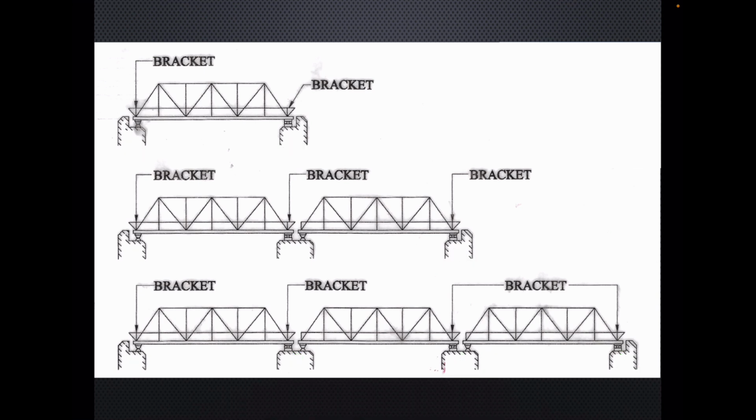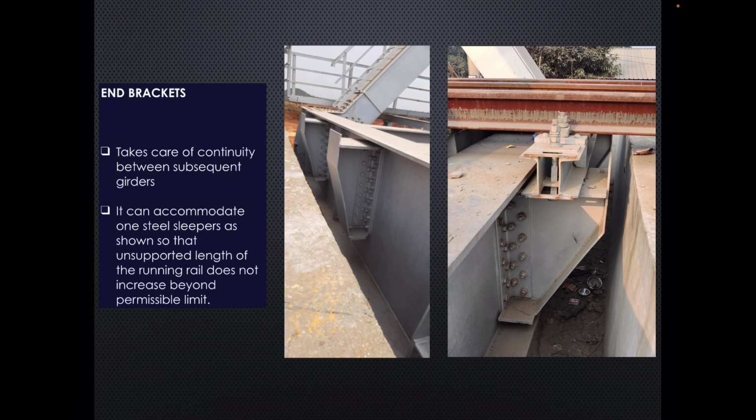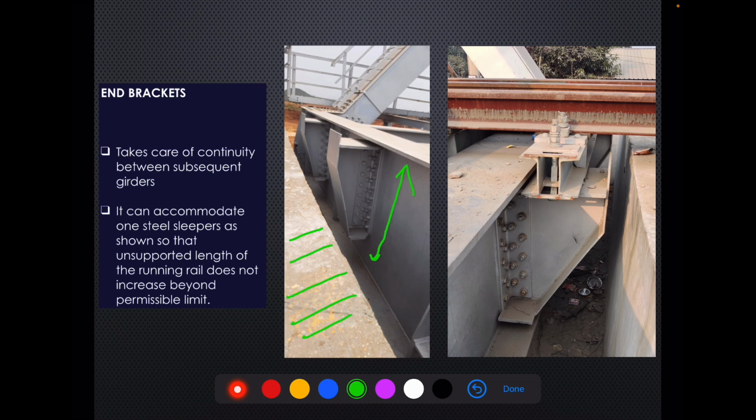So how does a bracket look? Let's see this. This is the end cross girder and this is the abutment wall. As you can see, there is this gap. Then we have the abutment wall, and after certain spacing, we will get the first sleeper over here. So the overall gap between the last sleeper and the first sleeper becomes too much.